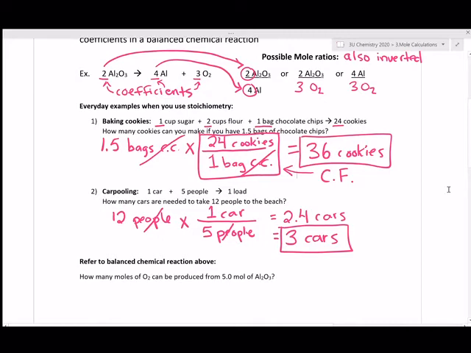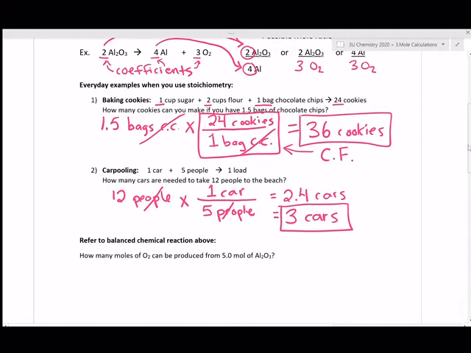Now, the first thing I want to demonstrate is when you are doing stoichiometry problems, it's a really super good habit to start off with your balanced equation written at the top, and you should spread it out across the page because sometimes you're going to want to do some work under it.